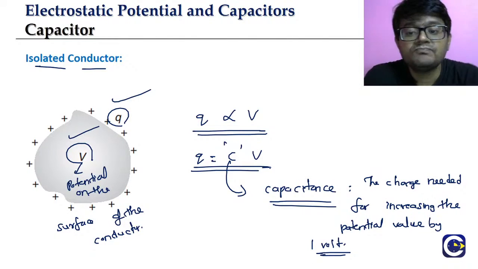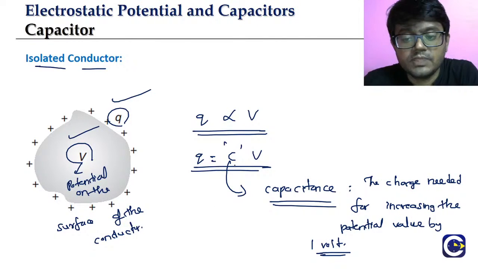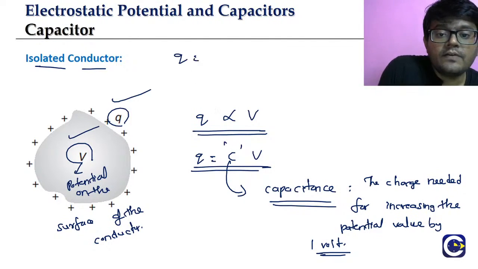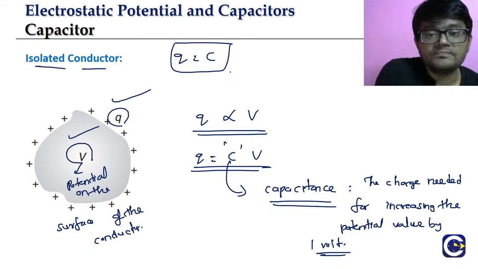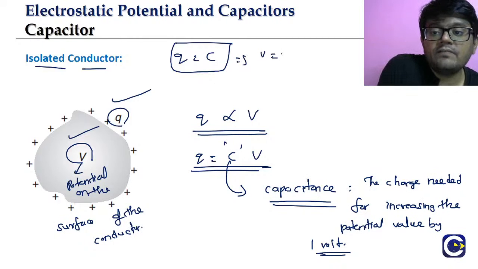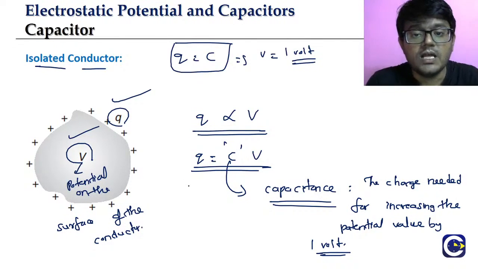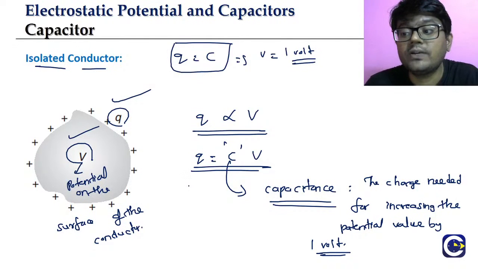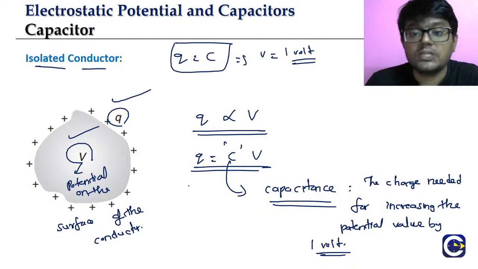Whatever the charge needed to increase the potential value by 1 volt. If we want to increase the potential by 1 volt, what is the corresponding charge that is required? Look, if we substitute the value of V as 1, what is it? q will be equal to C. So this is when V is equal to 1 volt. If you want to increase the potential by 1 volt, whatever the corresponding charge we need to add, that will be the value of the capacitance.